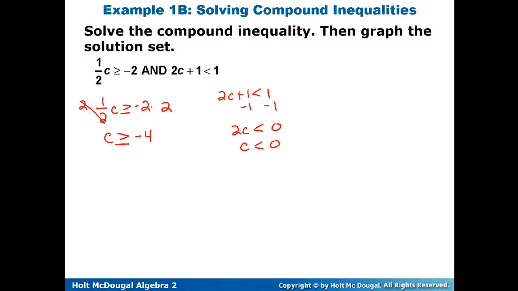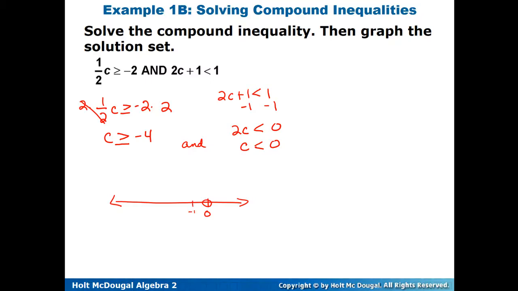All right, so the solution set is the set of points that satisfy both of these, and that's an and in here. All right, let's draw our graph of this. Pretty simple graph again. We're going to start with our 0 over here, and it says C is less than 0. It doesn't include it, so I'm just going to have that like that.